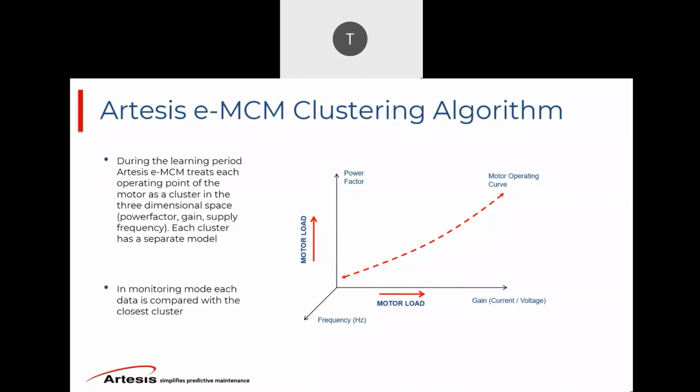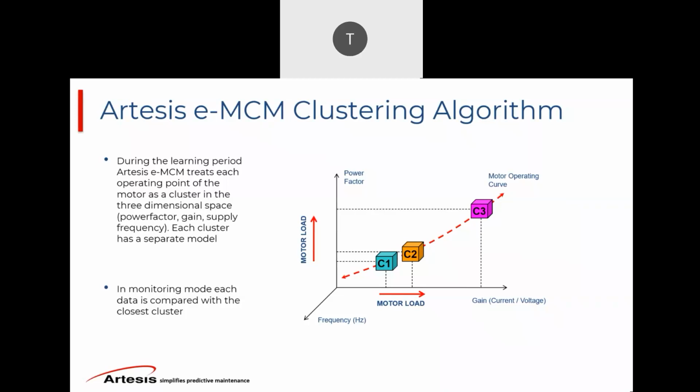So again, it has to learn the different load levels, different motor speeds, and the gain of the system. Basically, then it creates clusters for all of these conditions. So each time a cluster is created, it is created for a certain condition of the equipment.